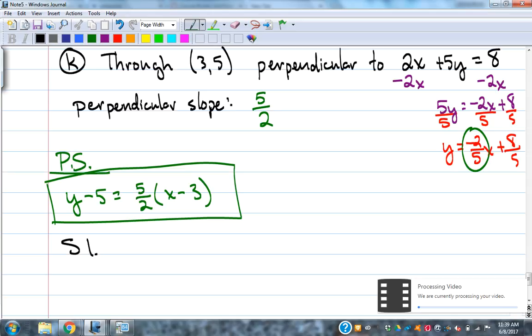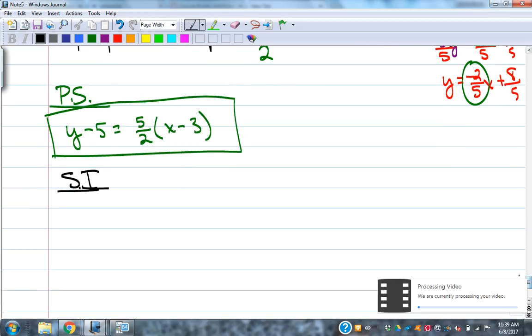From there, slope intercept form says you're taking y minus 5, and then we're going to distribute the 5 over 2: 5 over 2x minus 15 over 2, I believe is correct. And then we're going to get y by itself.